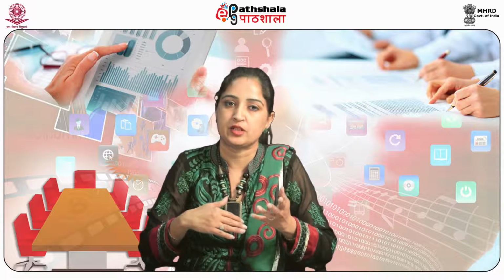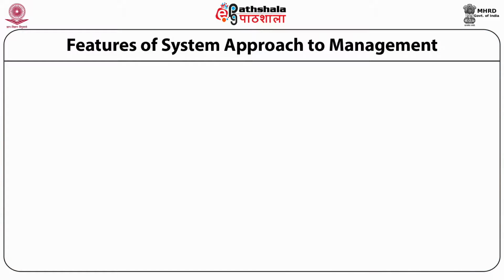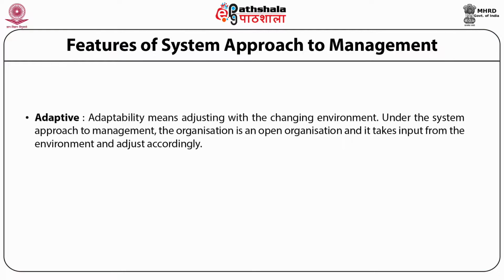Another feature of system approach is adaptive. Adaptability means adjusting with the changing environment. Under the system approach to management, the organization is an open organization and it takes input from the environment and adjusts accordingly.